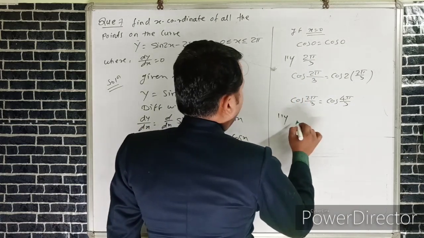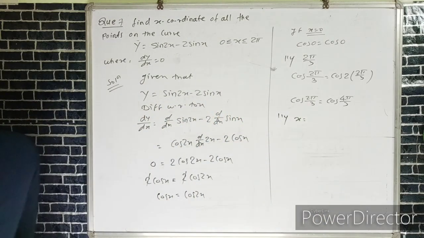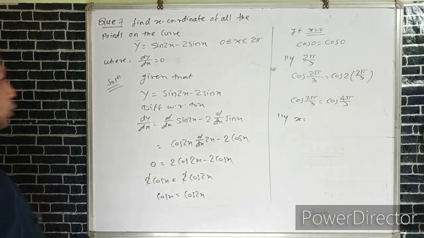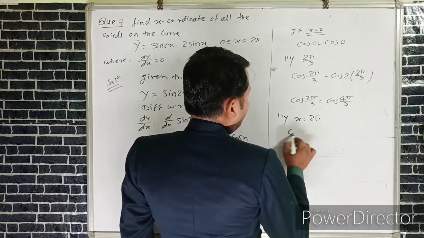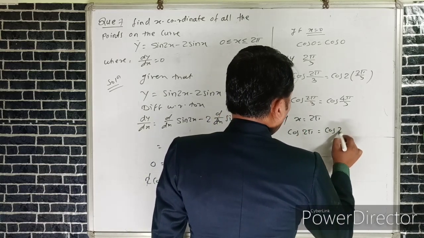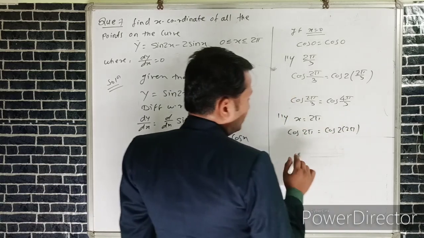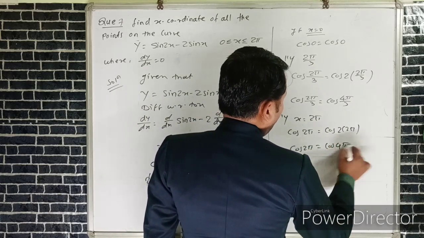Also, if x is replaced by 2 pi, then cos of 2 pi is equal to cos of 2 into 2 pi, that is cos of 4 pi.